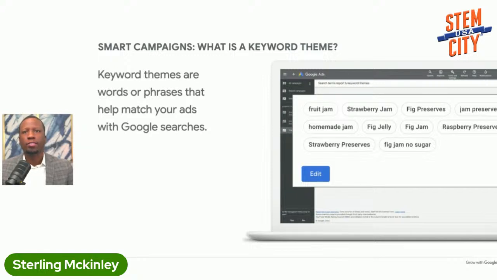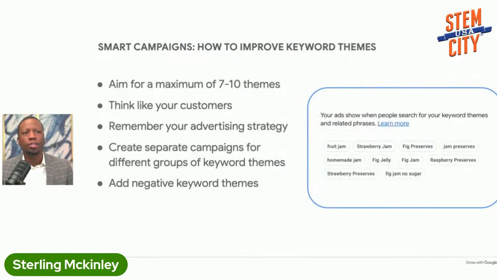Smart campaigns. What is keyword themes? Keyword themes are words or phrases that help you match with Google searches. So you want to keep that in mind to have good keyword themes. How can you improve your keyword themes? So first off, think about this. If you try to type in every single word that your customer may type in to find your product or service, you will have a long list of keywords.